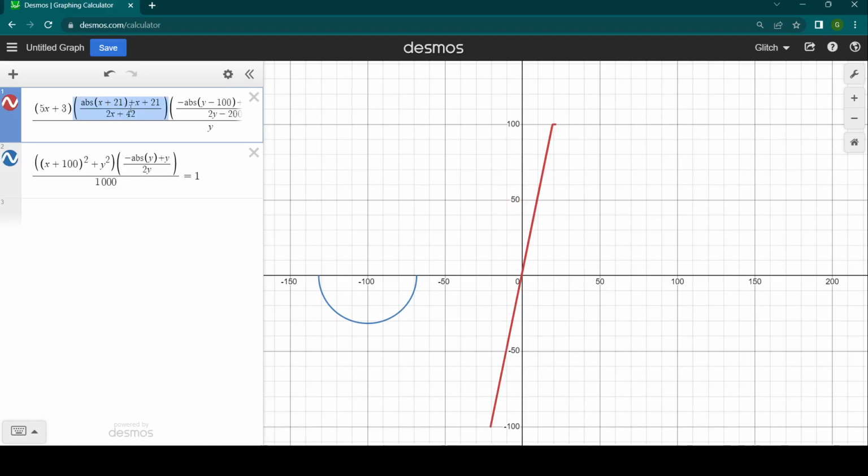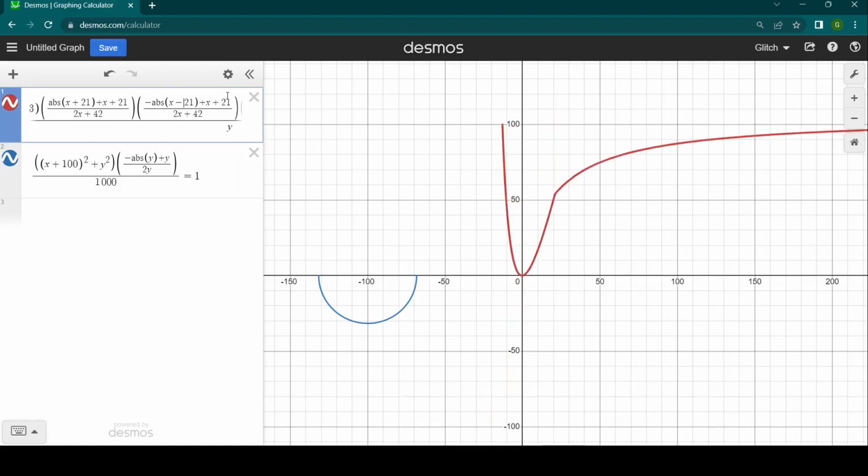Then we do the same thing, but we put a negative sign here and replace all of these with negative signs. Not all of them, we leave this one up here a positive. And this will stop this linear graph from interfering with this one over here.